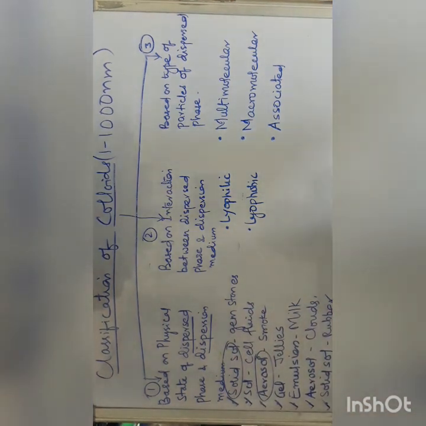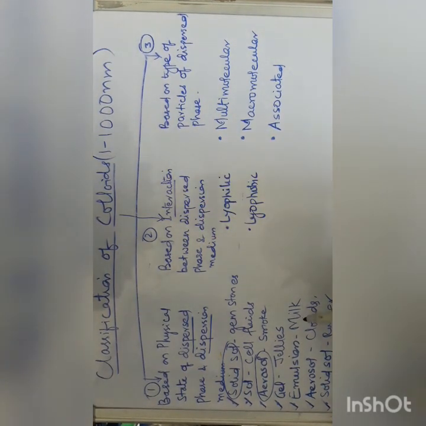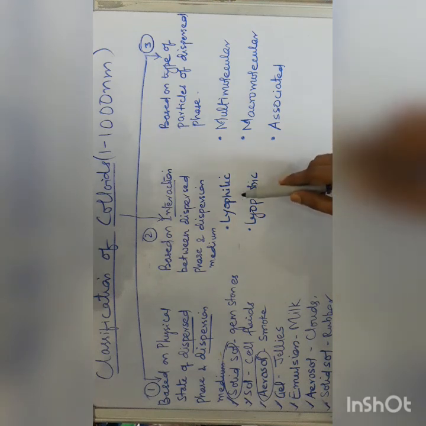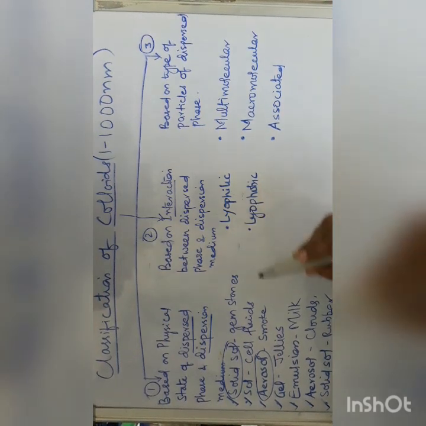Now next category of classification is based on interaction between dispersed phase and dispersion medium. So based on interaction between dispersed phase and dispersion medium, colloids are classified into two types: lyophilic colloid and lyophobic colloid.